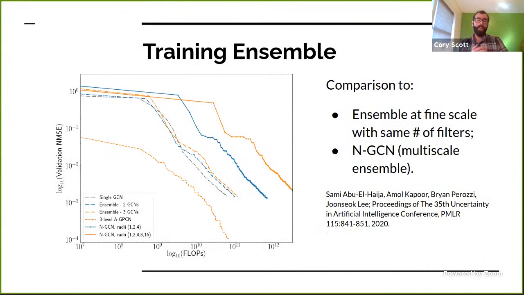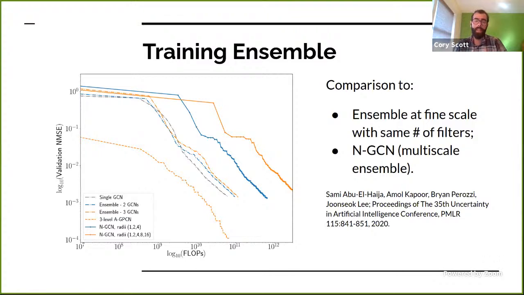So again, because this is technically a graph convolutional network ensemble, it's not really fair to just compare to a single graph convolutional network. So what we compare to are different ensemble methods.